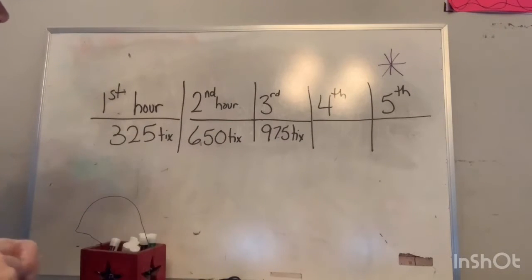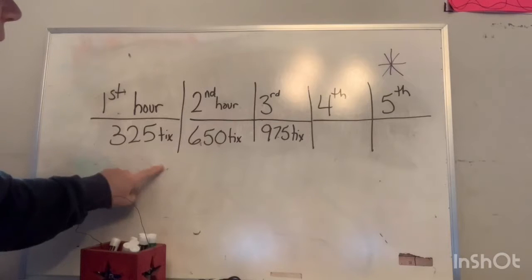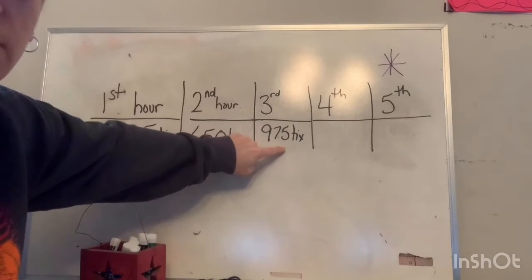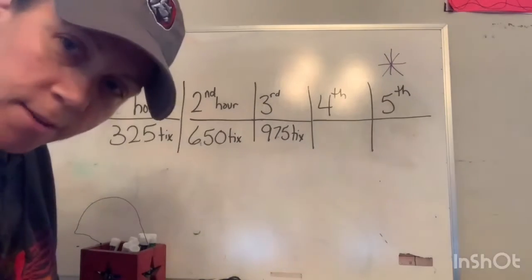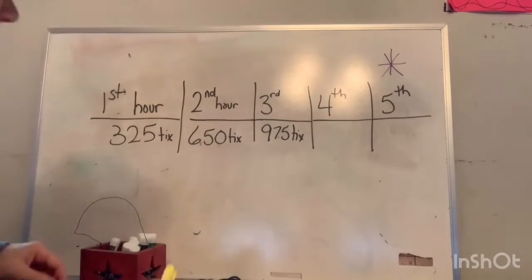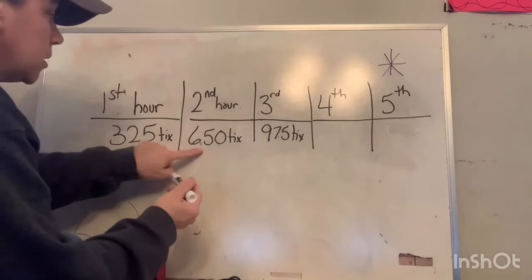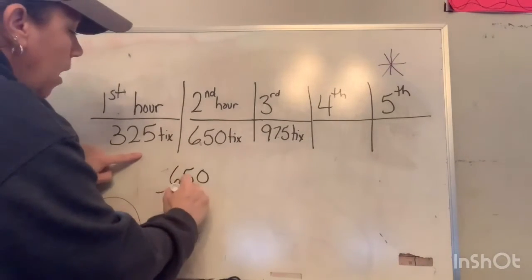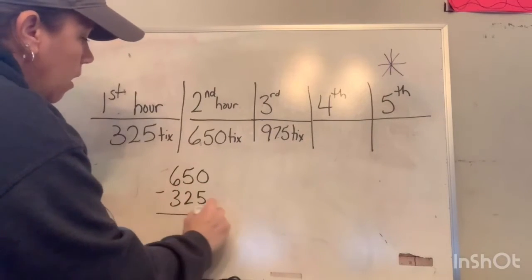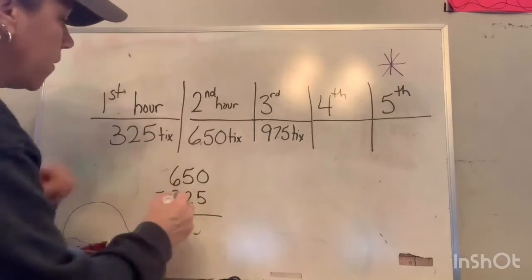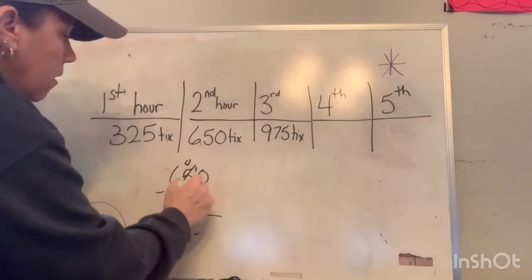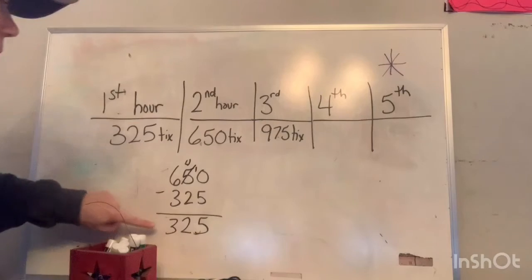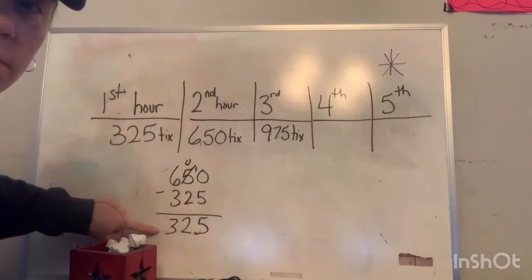So you have to look and see what happened to 325 to get to 650, and what happened to 650 to get to 975. So in order to do that, we've got to subtract. So we are going to subtract 650 minus 325. And in order to get from 325 to 650, we had to add 325 tickets.